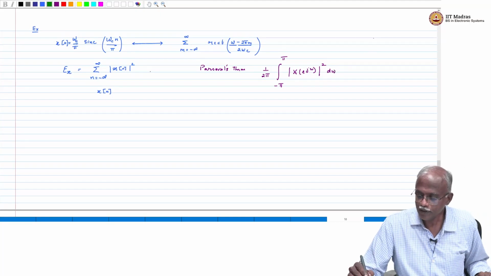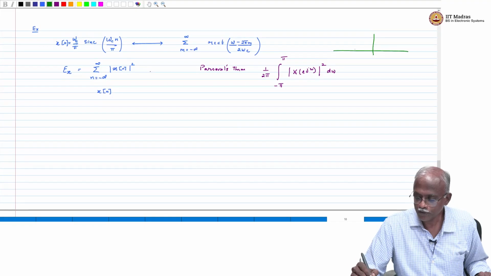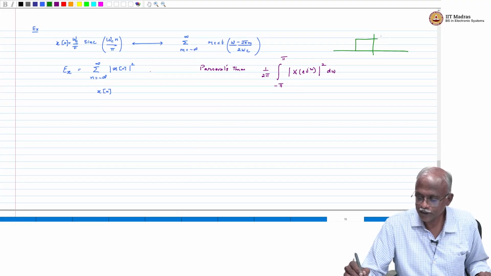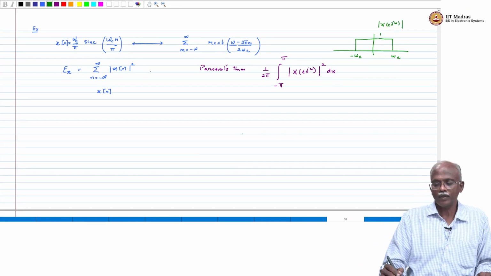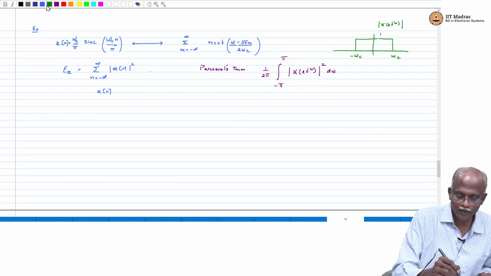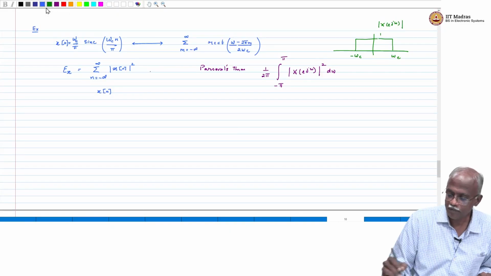Then it may be helpful for us to sketch this function. This is magnitude X e to the j omega, which has a height of 1 from minus omega c to omega c. So this is very simple.